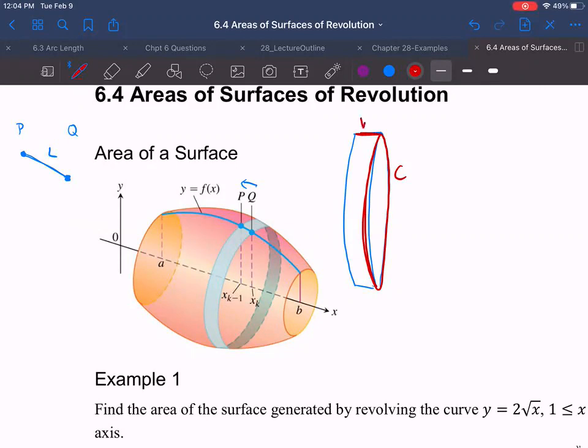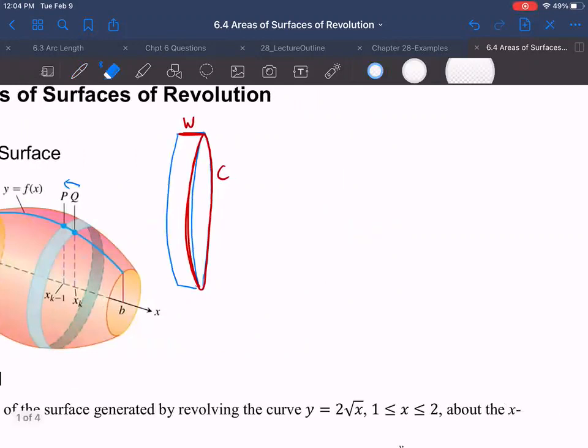However deep it is, whatever this here, I'll call it W. We need circumference times that, correct? Or times thickness. How about that? Thickness. All right.